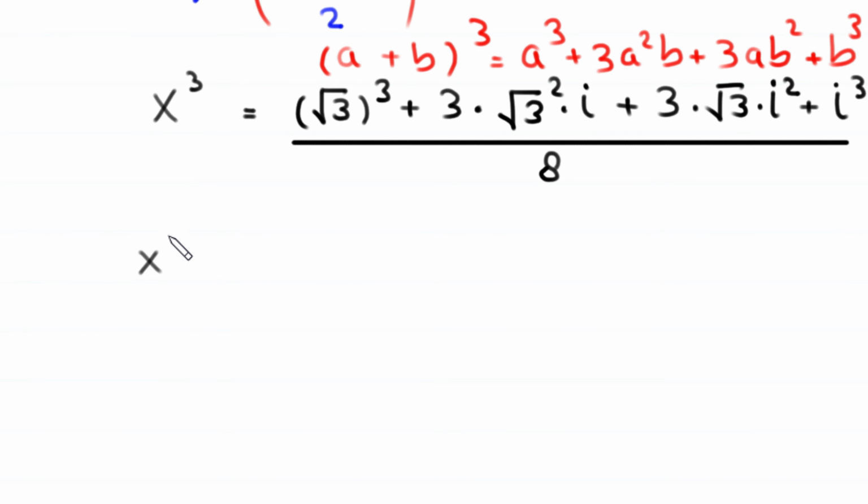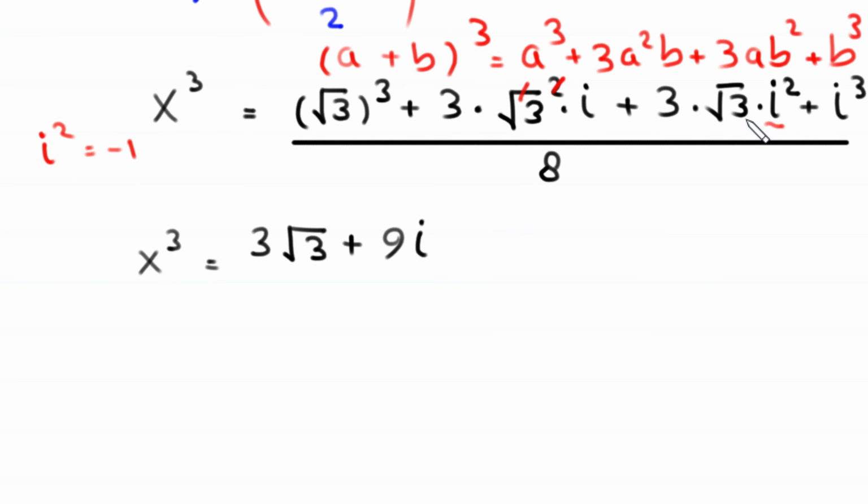Next, x cubed equal to root 3 cubed will become 3 times root 3, plus this square will be cancelled out with this square root, and 3 times i will become 9i, and 3 times root 3 times i squared, this i squared is equal to negative 1.